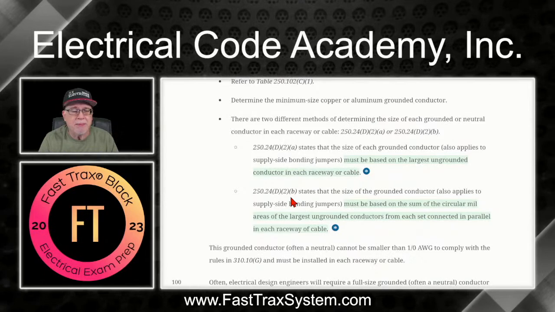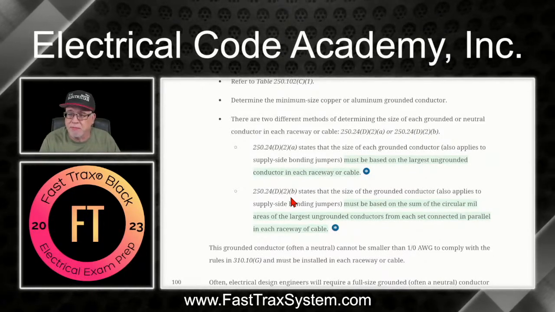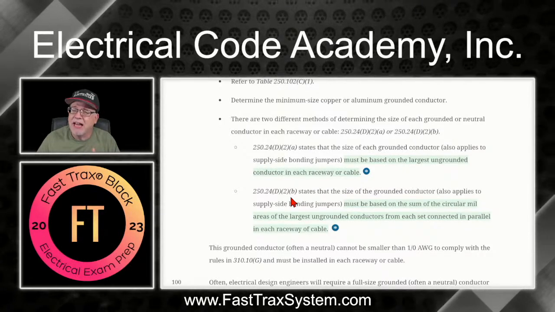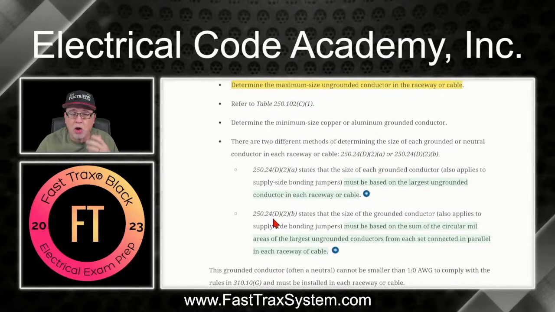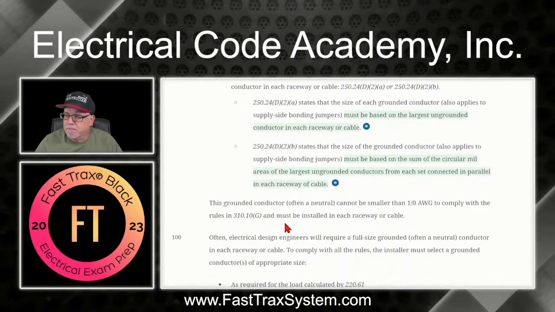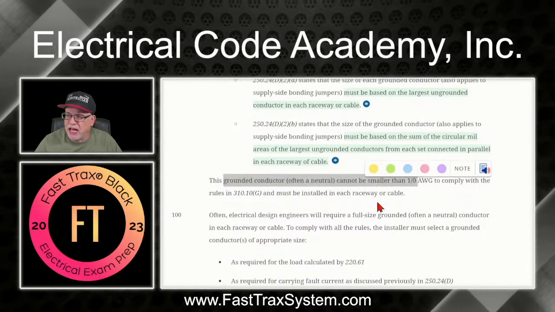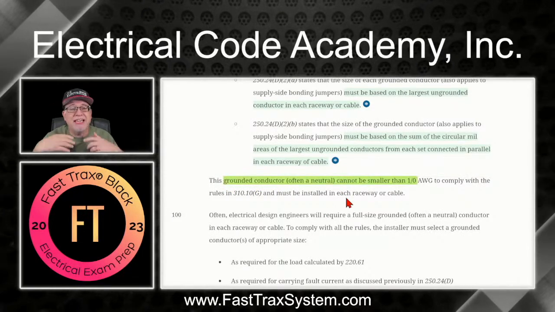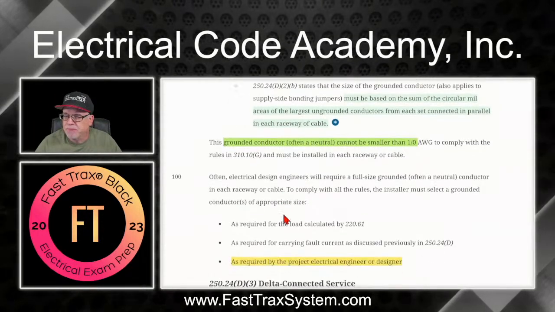And that's why, people ask me all the time, well, why do we get so involved in code changes? Because we make things better. And this is broken out to make it clearer, okay? And that's the whole goal, okay? Now, remember again, the grounded conductor, often a neutral, cannot be smaller than 1/0, and we all just did that, and you get it, okay? So ultimately, that's how we had to verify.